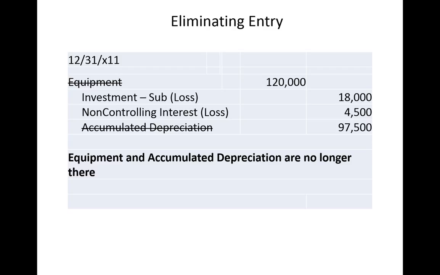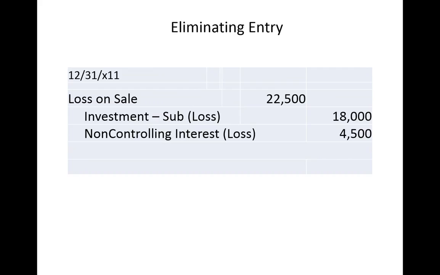So we're going to reclassify the 2 items, the equipment and the accumulated depreciation, to the deferred loss account. And for now, we're splitting them out. And if we combine them together, we're going to get a debit to loss on sale. And if you go back to the unamortized loss, that does agree to that. That's the 22.5 there. So we would make one entry in 2011 to record the recognition of the deferred loss.